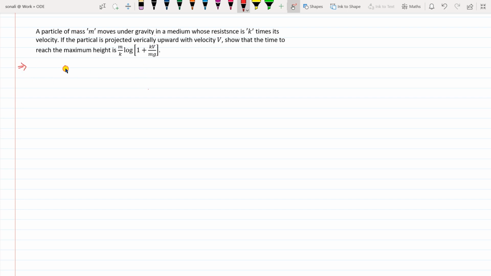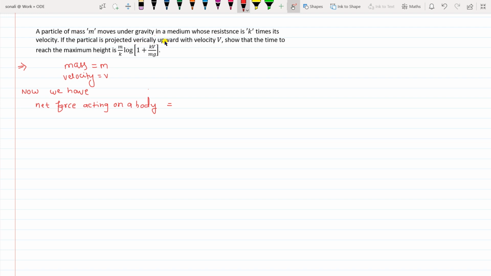Let's consider here mass is m and velocity is v. Now we have the net force acting on the body. As you can see, a particle of mass m moves under gravity and it is projected vertically upward. Means if I throw a ball in upward direction, it will come down.